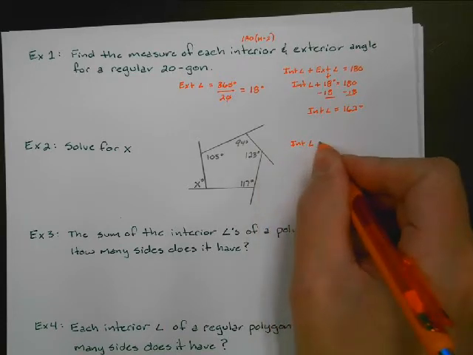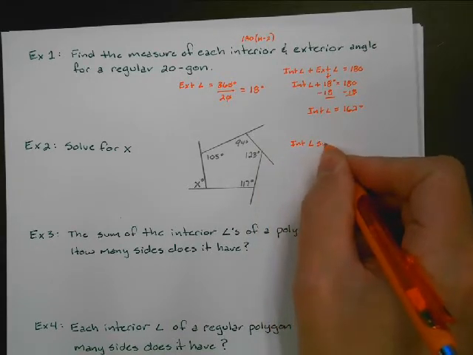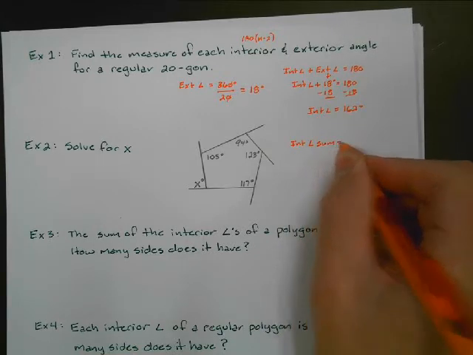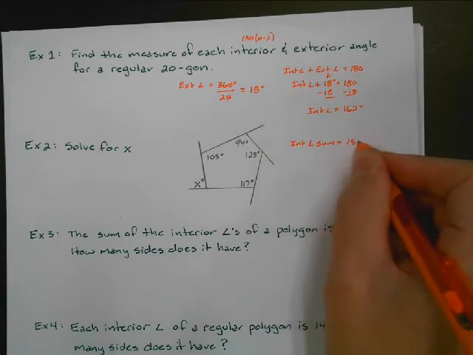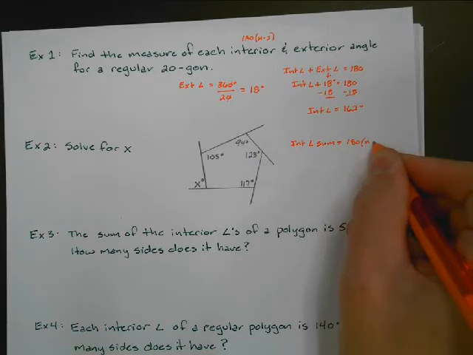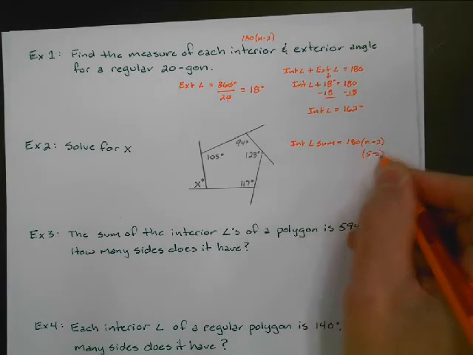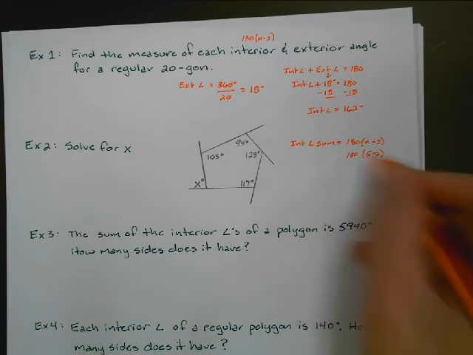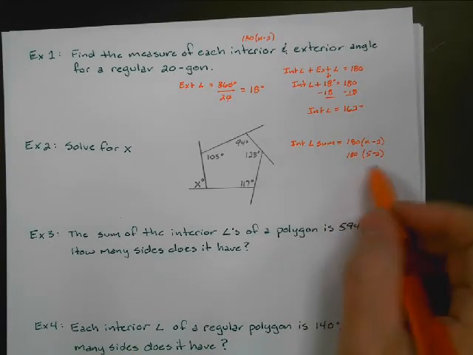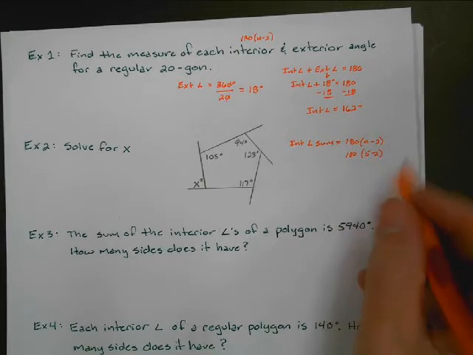So the interior angle sum should be 180 times n minus 2. And n is 5 in this case. So we could say, okay, 180 times 3, was that 540?